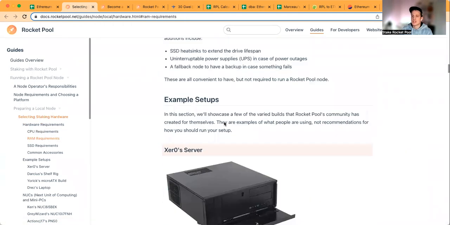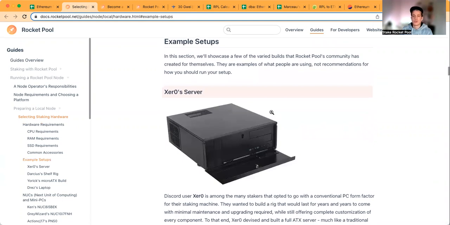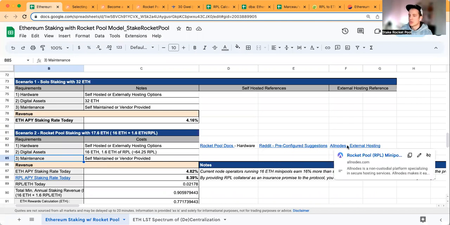But the exciting thing here, as I move on, is example setups. There are tons of resources in the community for how you can stake your own Rocket Pool node, with real examples provided in our document. You can also go to Reddit and see pre-configured suggestions, and a lot of people that I've talked to like All Nodes if you're just looking for that externally hosted option.